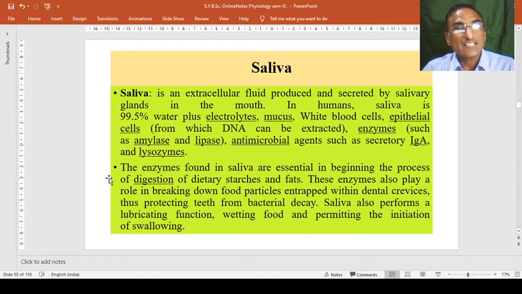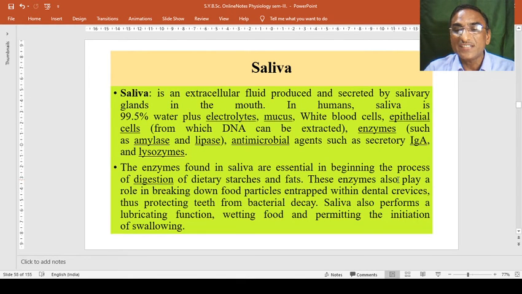Next, the enzymes found in saliva are essential in beginning the process of digestion of dietary starches and fats. In the food taken up by mammals or human beings, the main components are starch and fats.